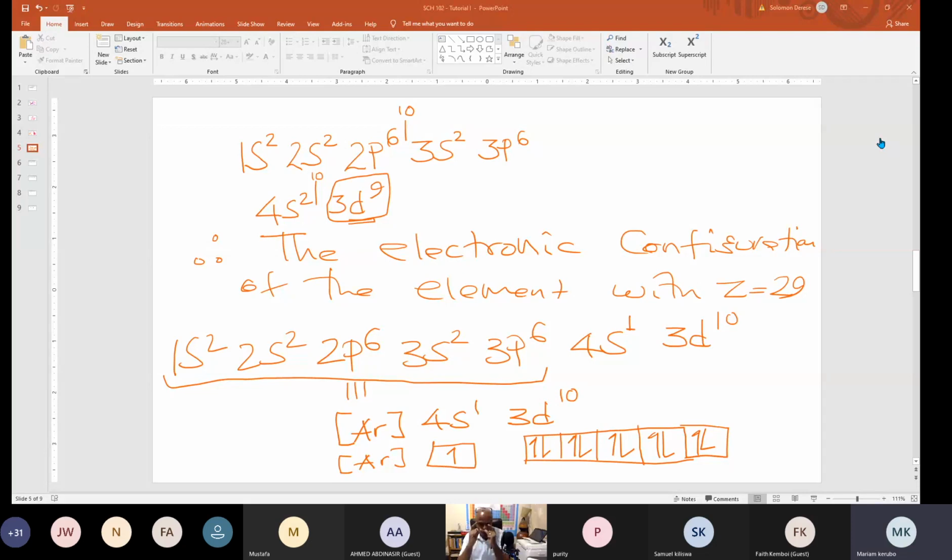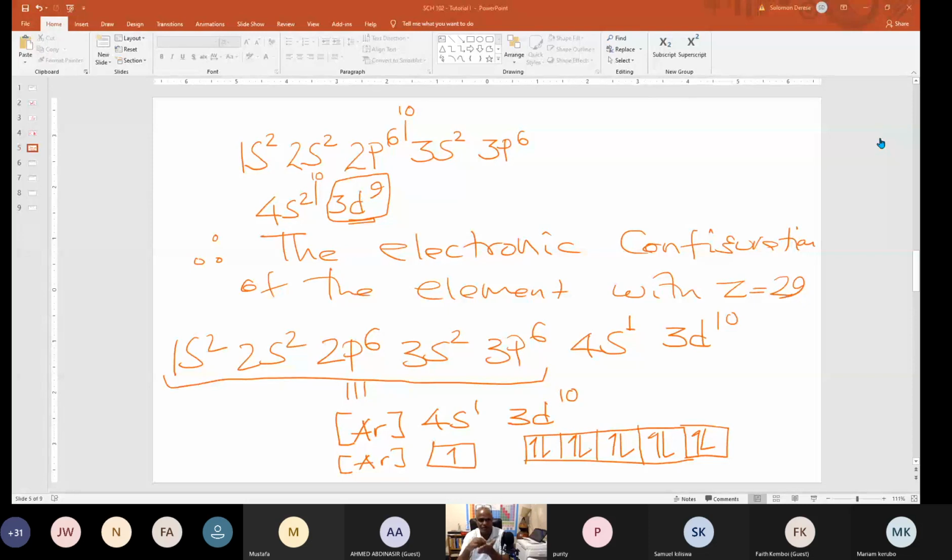But what you should know is that the order in which they are filled is the 3d before the 4s, okay? That's all. We should not forget that. Otherwise, it is possible, you can put them like that for the sake of it. But I don't want you to think that the 3d is filled before the 4s.